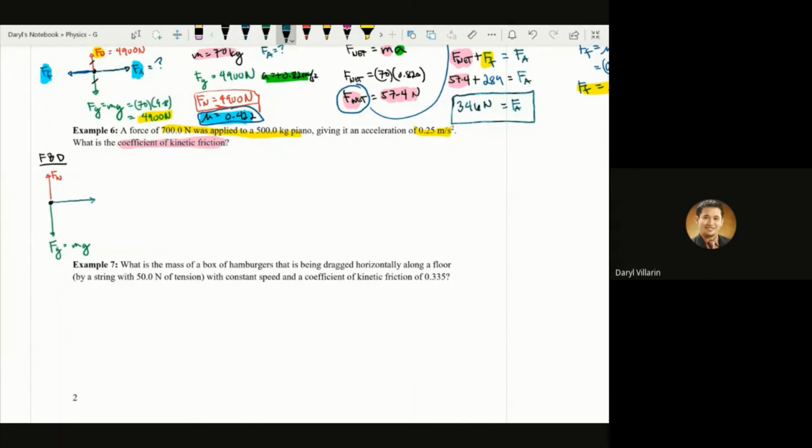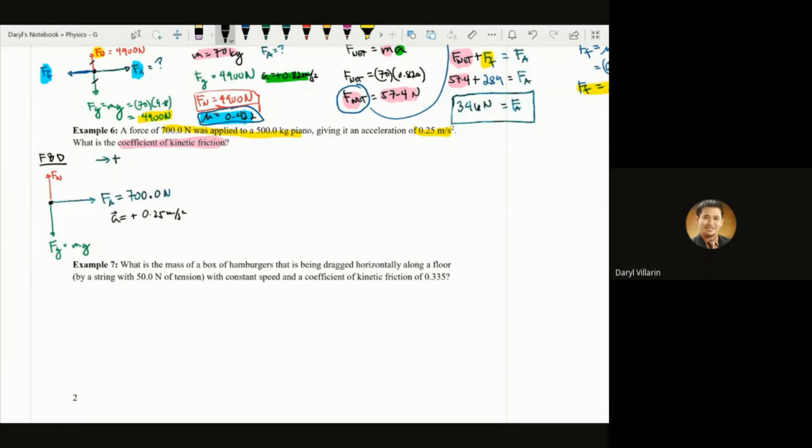And then there must be an applied force. That is 700 newtons, so you're given that 700 newtons. I'm going to make that one positive, so to the right is positive. And then this should be accelerating, so the acceleration is to the right also, 0.25 meters per second squared.